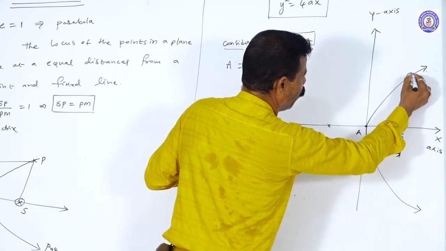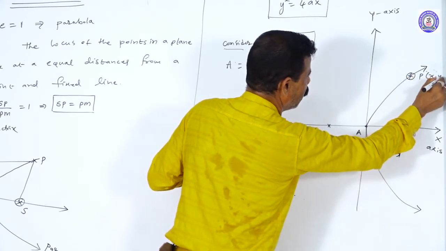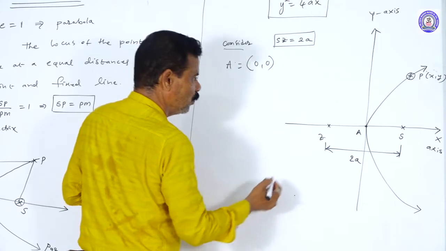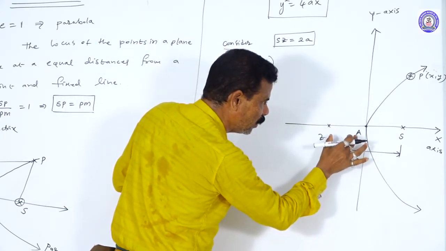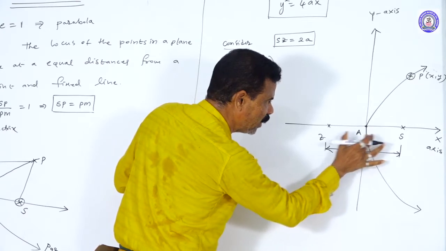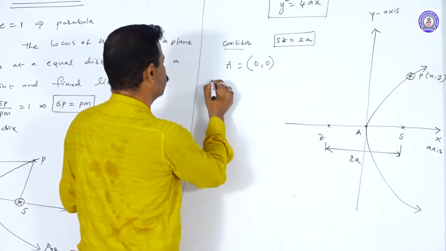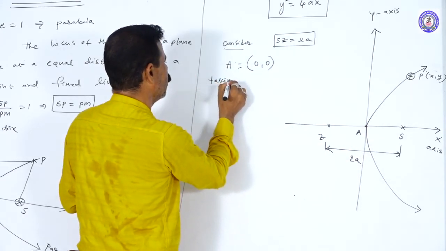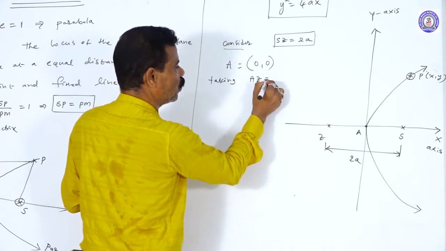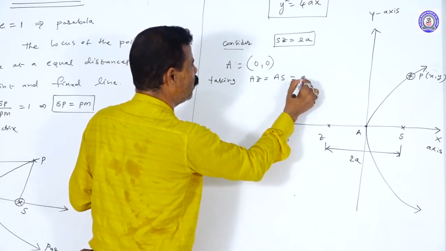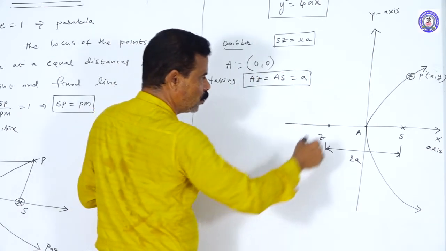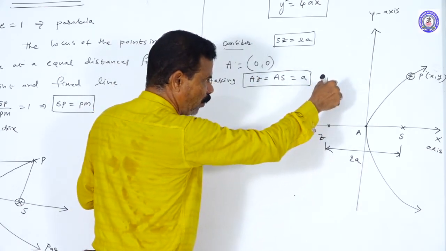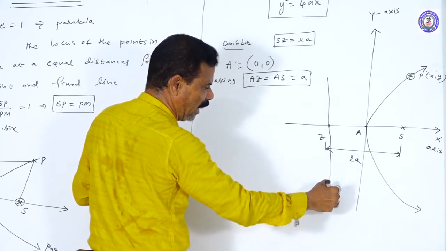A moving point here, P of x, y. So here SZ is equal to 2a. To equate, AZ is equal to AS. Taking AZ is equal to AS, that is equal to a. So Z means the intersection point of the directrix and the axis of the conic.